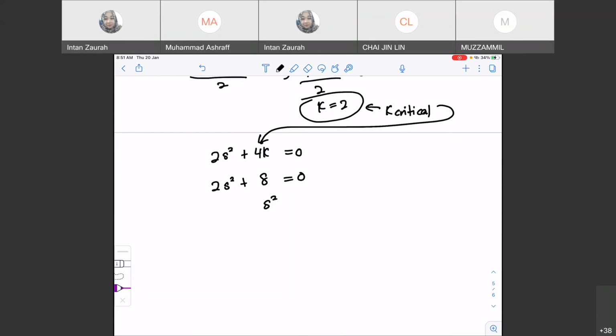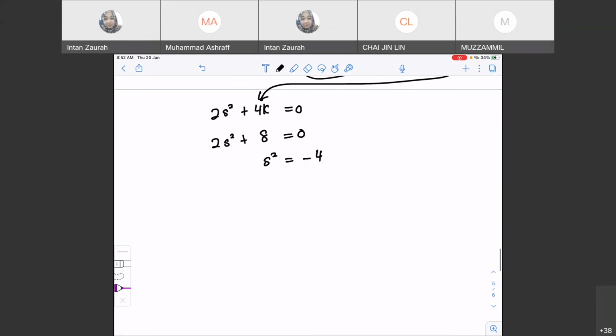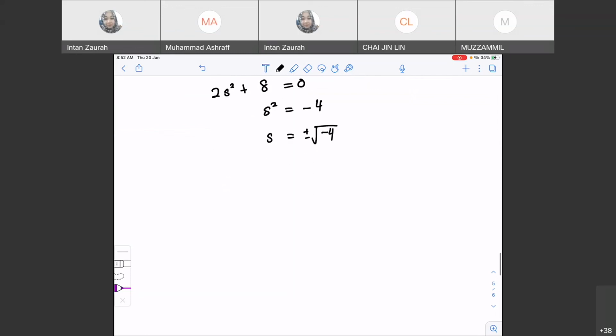Okay, s squared is going to be minus 8 divided by 2. So that's minus 4. And then that minus 4, if I find the square root, it's going to be plus minus square root of minus 4, isn't it? So I can change the square root of the minus into j, so just square root of 4, which is 2.